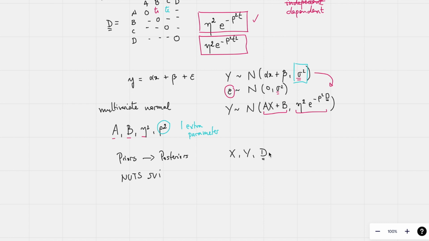We have a problem that, for instance, we assume that there is independence between X and Y, between the records, but this is not the case. So what do we do? We then start to incorporate the fact that this is not the case directly through the knowledge of D. So we add one more parameter here, which is rho squared, that specifically captures the dependence between X and Y into the model.